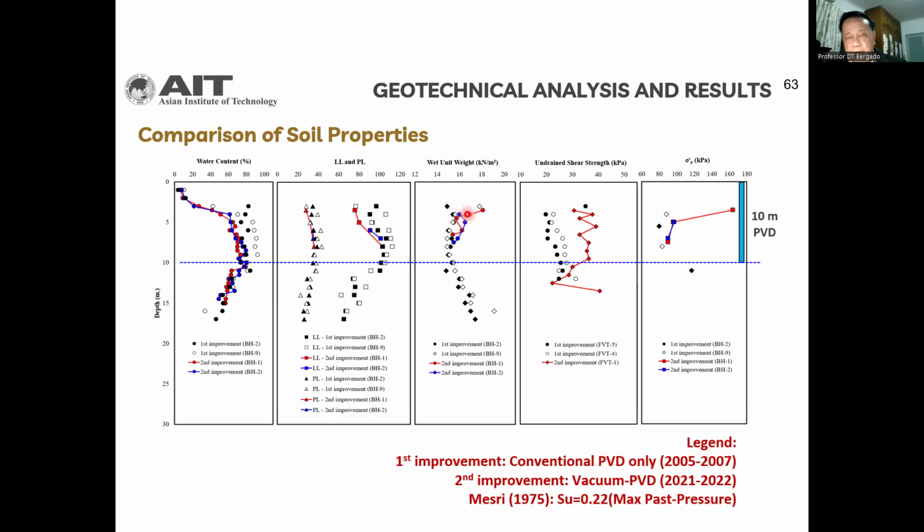Unit weight increased a little bit, and undrained strength almost multiplied by 2, and the maximum past pressure increased from 85 to around 100. Actually, after the second improvement, this goes up to more than 100 kPa.